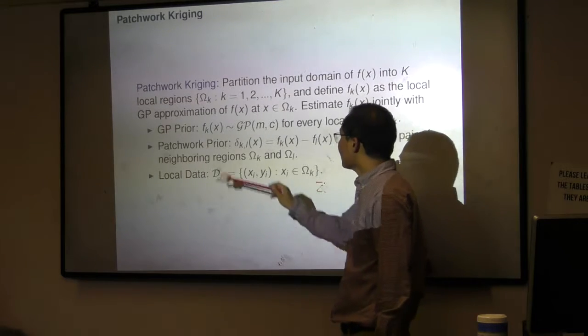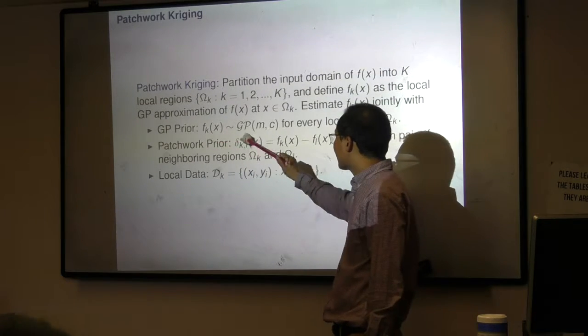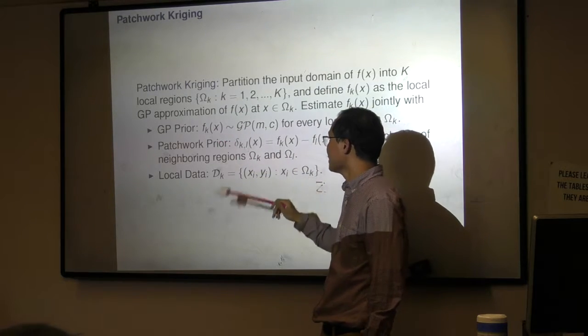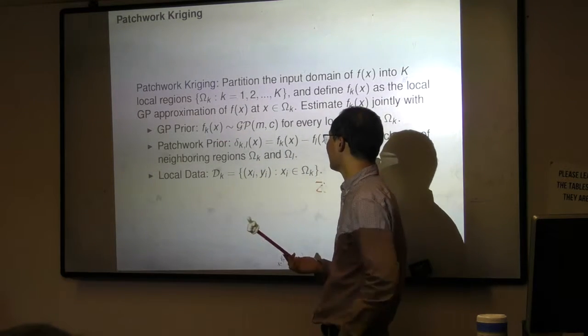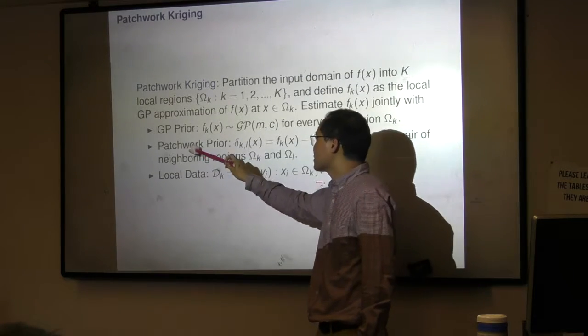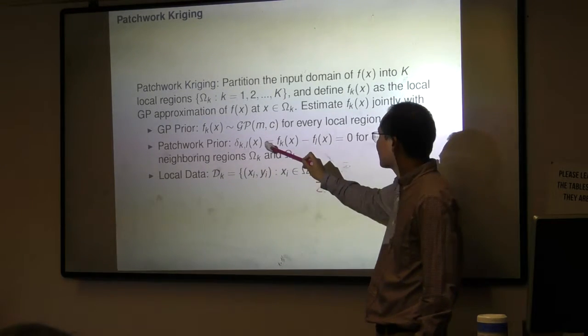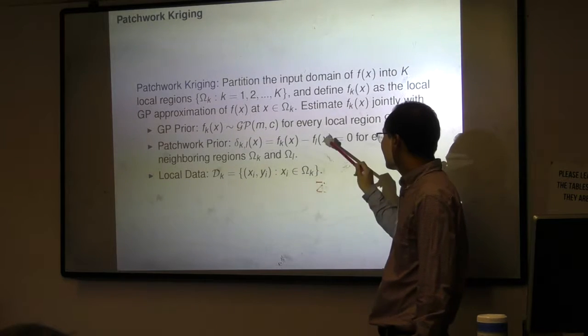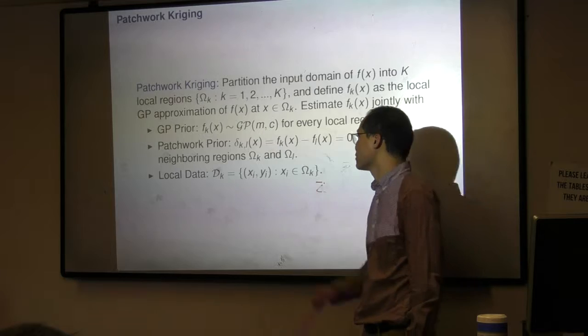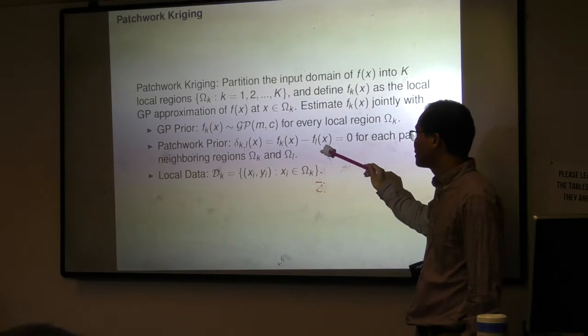Each local piece is a Gaussian process, and they are mutually independent. But we have a second layer of prior, which is the difference of the local pieces, and that should be equal to 0 for each pair of neighboring local regions. That is the patchwork prior.